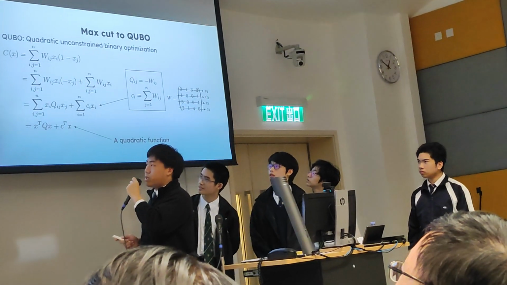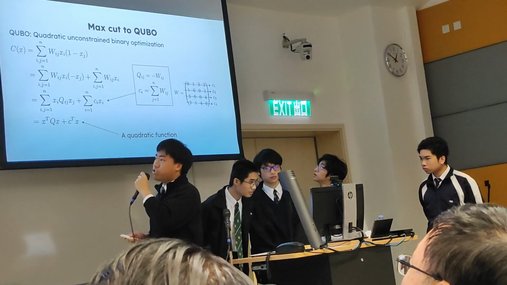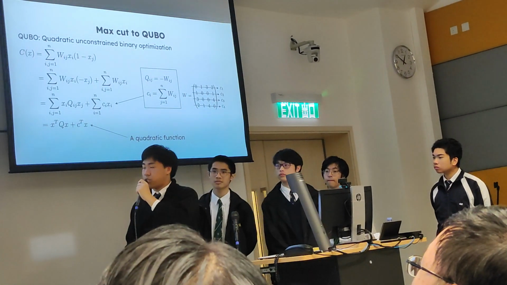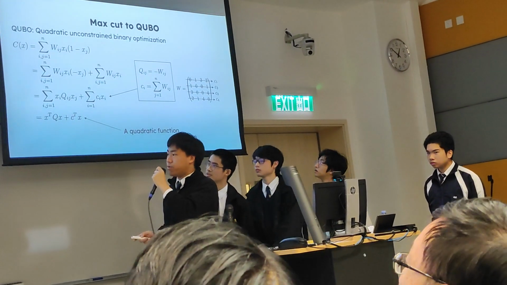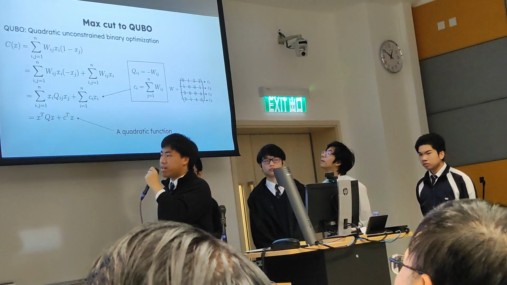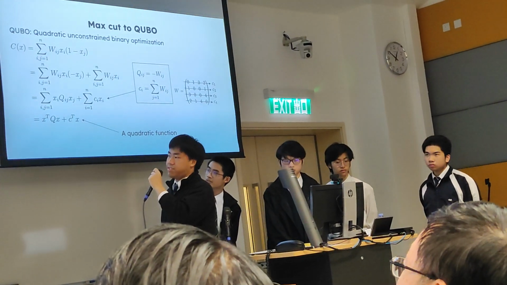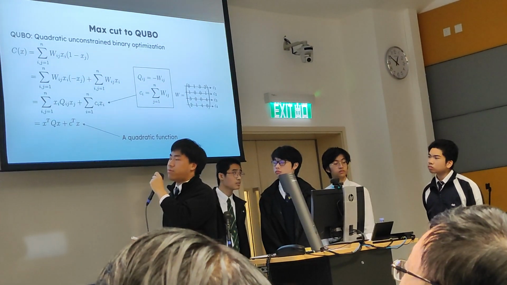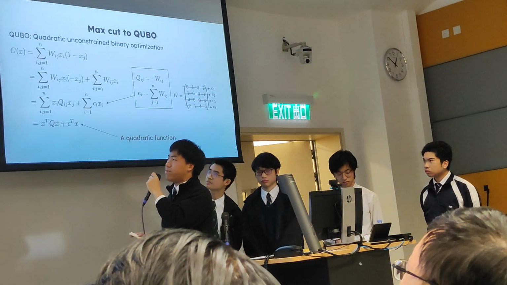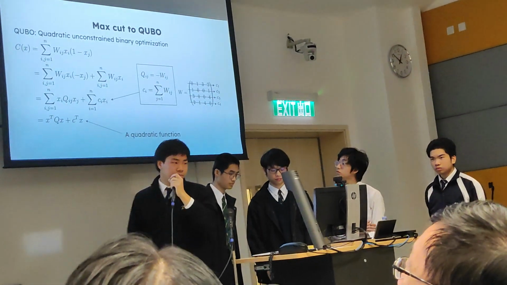And since we have substituted this Q as a negative weight, originally we had a maximization problem where we maximize the cost function, but now this problem is transformed into a minimization problem where the Q is the negative weight. And also because this is a quadratic function, where does the name QUBO come from? This is a quadratic unconstrained binary optimization. So the quadratic part comes from here.